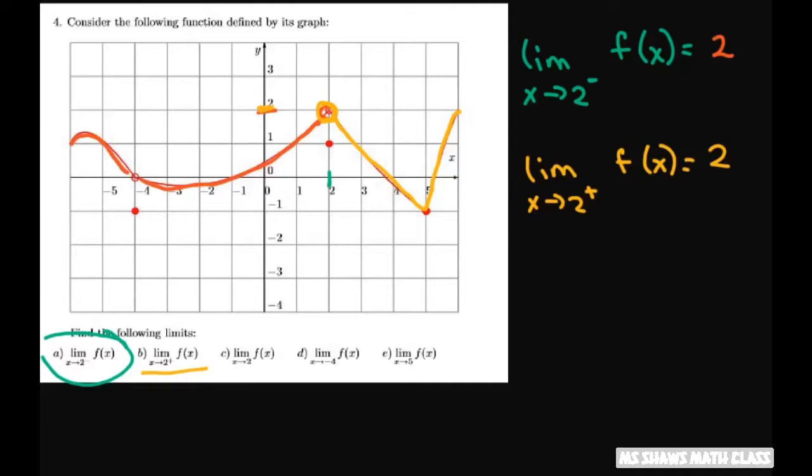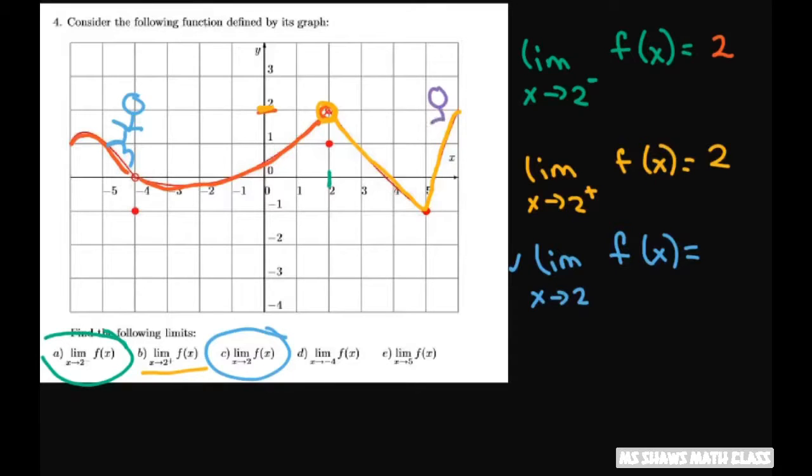So for this one, the limit as x approaches 2 of f of x, if you see something like that, it doesn't have the left or right. That means you have to do both ways. So say this is you, and you want to meet up with your friend over here, and you want to go to, say, Chick-fil-A.